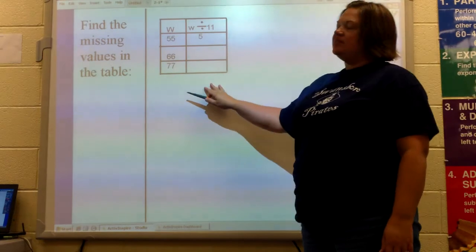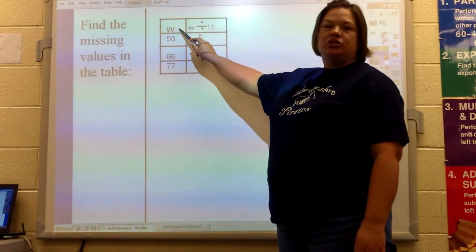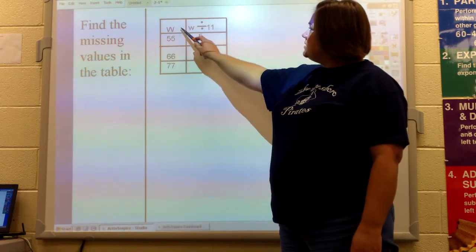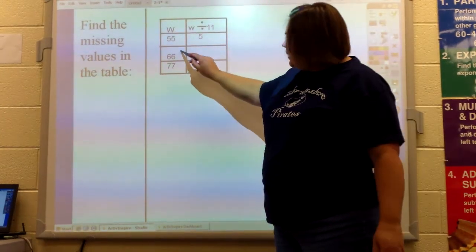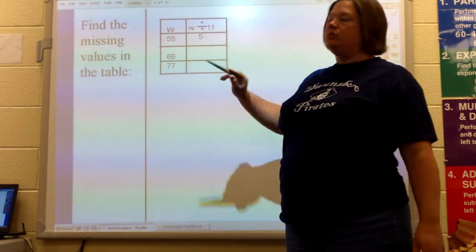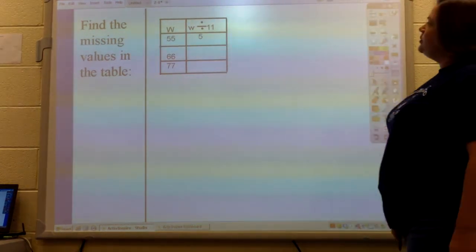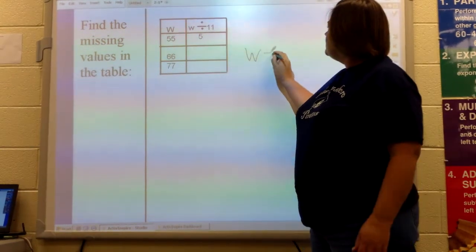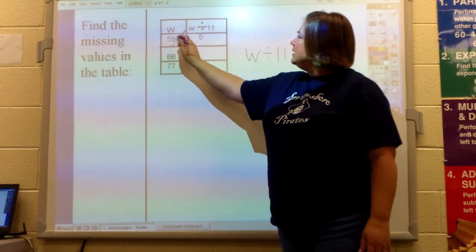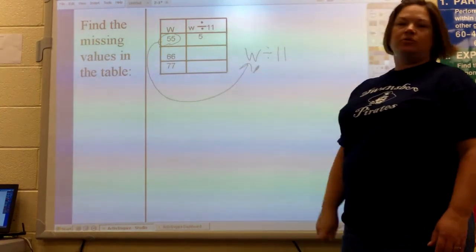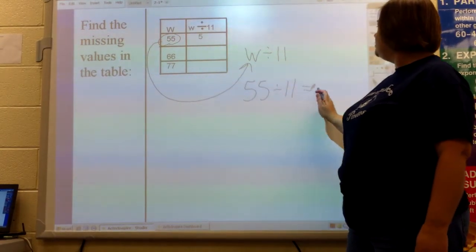Next, we're going to find the missing value in the table. We have w, our variable. We're going to use 55 for w, 66 for w, and 77 for w. We are going to substitute in whatever number is in this w column for w in the problem, which is w divided by 11. So if we have the problem w divided by 11, and I want to substitute in 55 in the place of w, all I'm doing is putting 55 in that spot, divided by 11, which is 5.